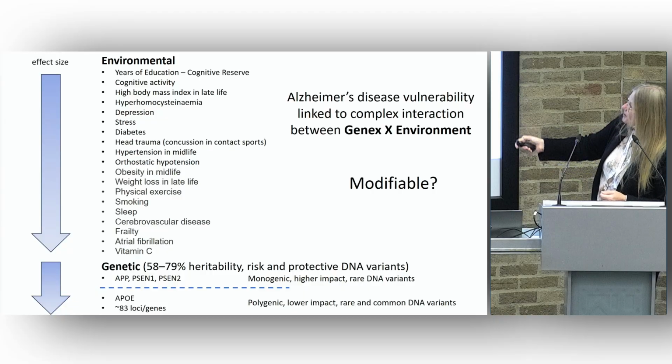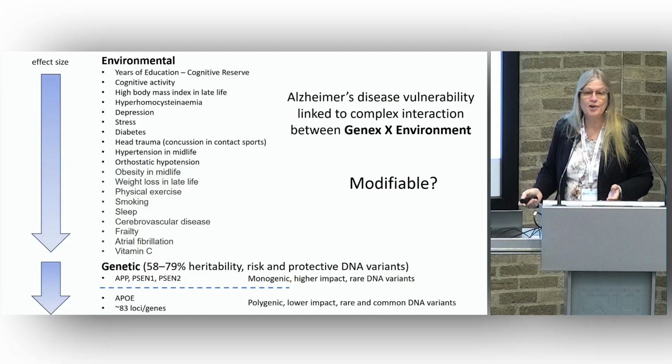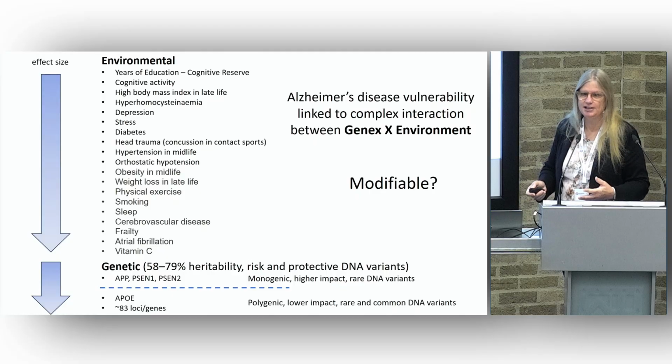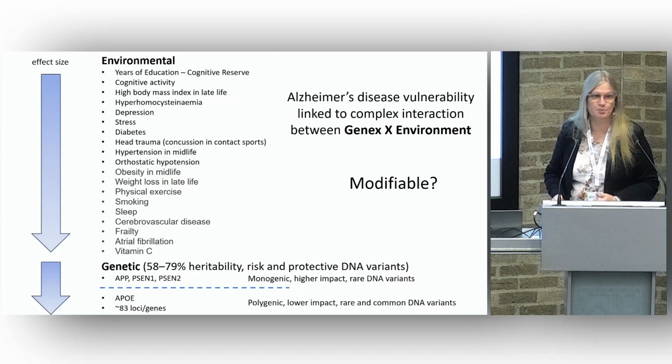But we're really interested in using the genetic knowledge to understand the functional pathways that these genes are involved in. Whilst there might be some benefit in using this genetic information to enrich populations that have a higher risk, it will probably never be used at the individual level unless there are mutations in these genes for diagnostic purposes.